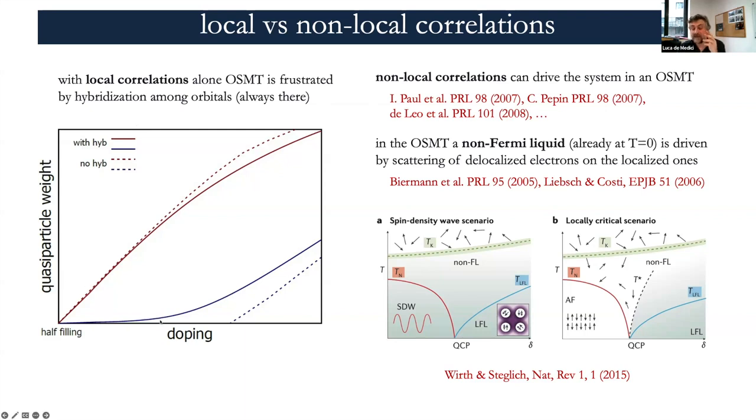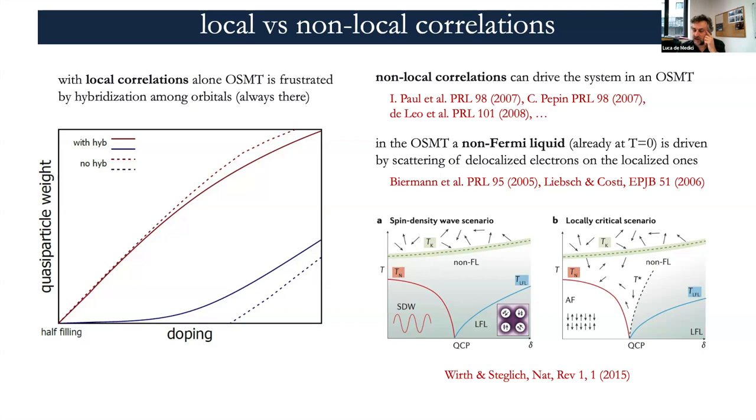Then, as we know in F electron heavy fermions, the magnetic phase can kick in. In F electrons, it's typically due to RKKY interactions. In D electrons, it's more superexchange. And this can give rise to two typical scenarios that are studied in what is called the Doniach phase diagram of heavy fermions.